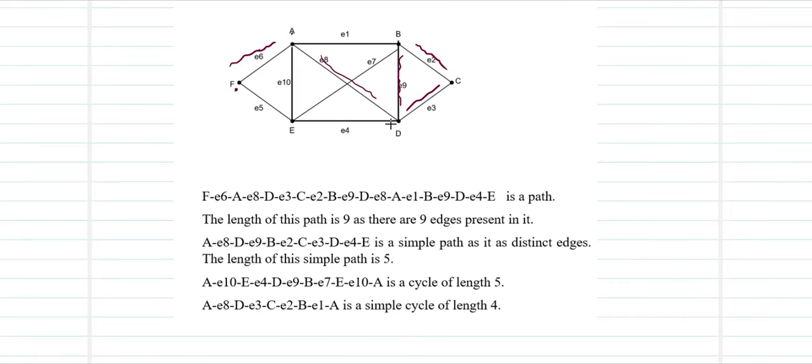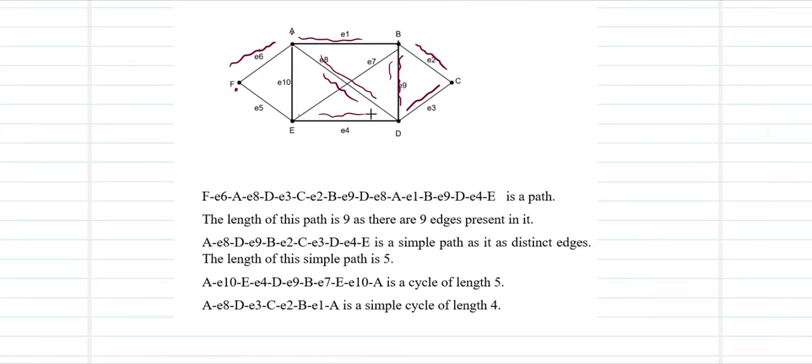And now again reaching D, and we are moving along E8. We are moving to A. We are moving with E1, B, and E9, D, and E4, and E. So we have so many traversals or alternating sequences of vertices and edges.